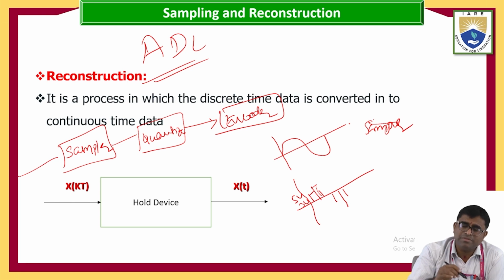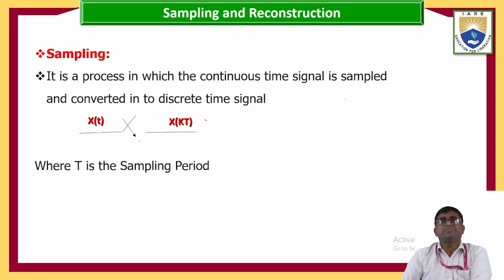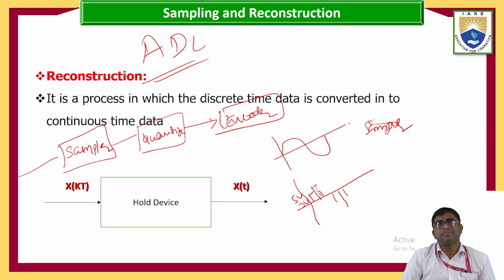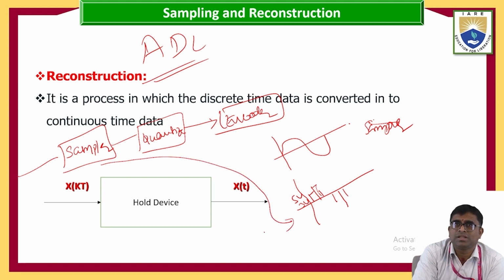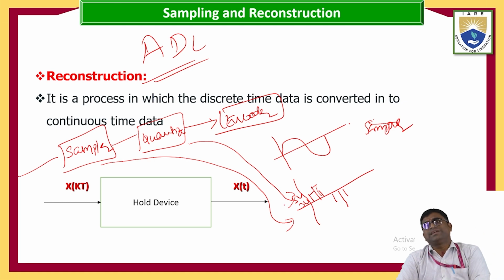So what will the sampler do? Sampler is nothing but continuous time signals are given to it, and that is going to be converted into sample parts. So this is going to be the sample part. After that, the quantizer is going to take the voltage levels, 5 volts, 3 volts like this.